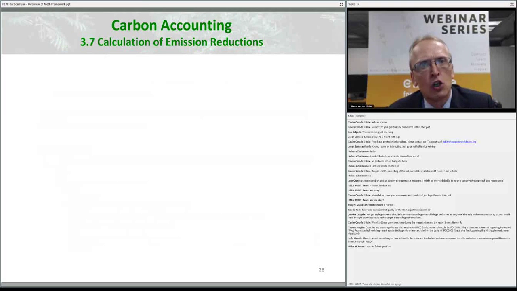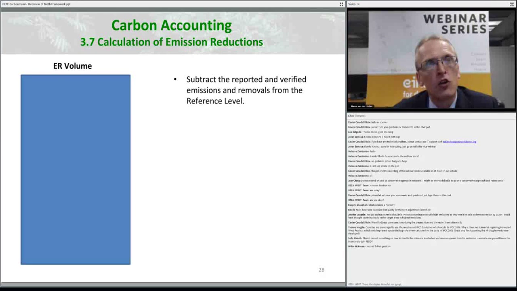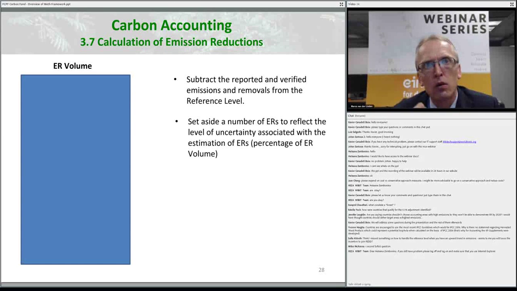So just to summarize the carbon accounting. We started by saying we have a reference level, and then we report and we verify the actual emissions in the accounting area. So that leads to a volume of emission reductions. Now, if you remember when we were talking about uncertainty, there is a set aside of a number of ERs to reflect the level of uncertainty associated with the estimation of the emission reductions.